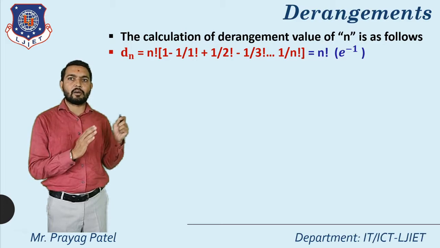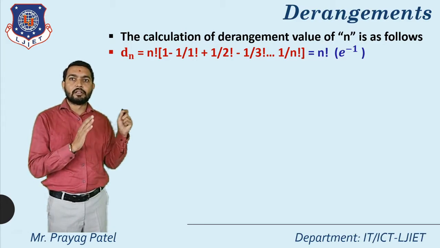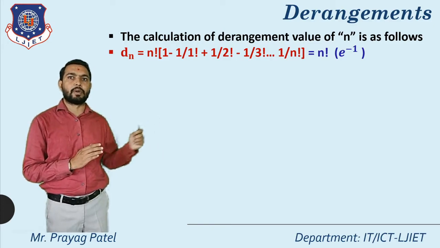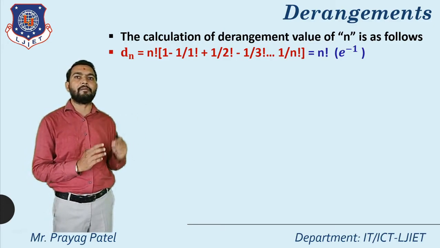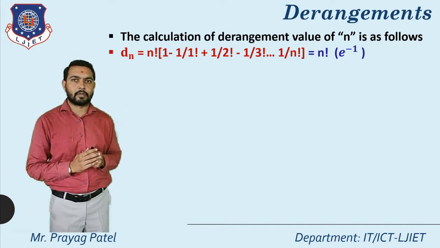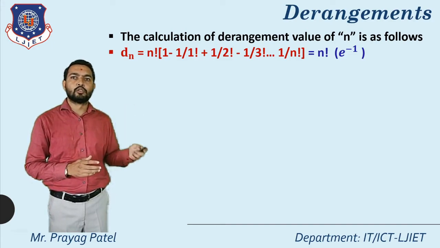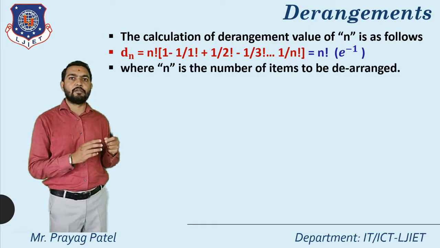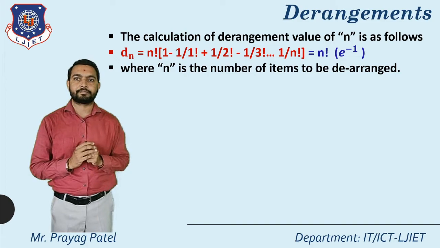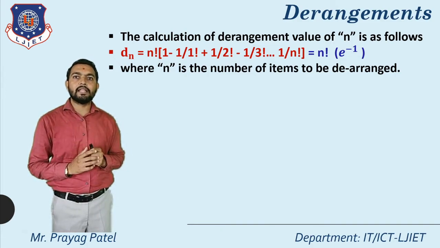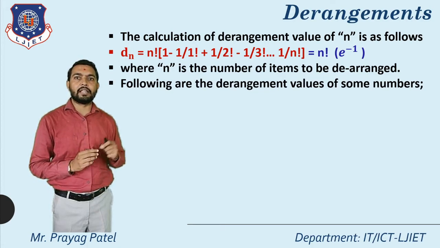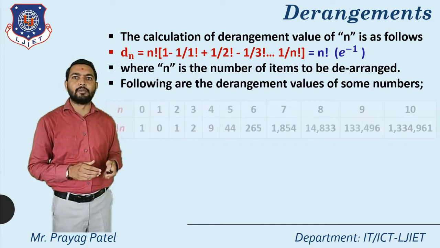Here the first term is n factorial and the other term is 1 minus 1 by 1 factorial plus 1 by 2 factorial up to 1 by n factorial. This second term is considered as e raised to minus 1, the exponential of minus 1. So we can write this equation as n factorial into e raised to minus 1, where n is the number of items to be deranged. Following are the derangement values of some numbers.